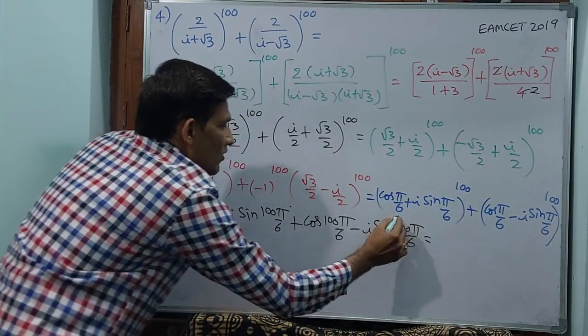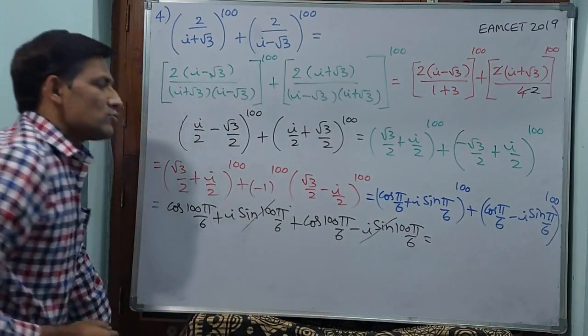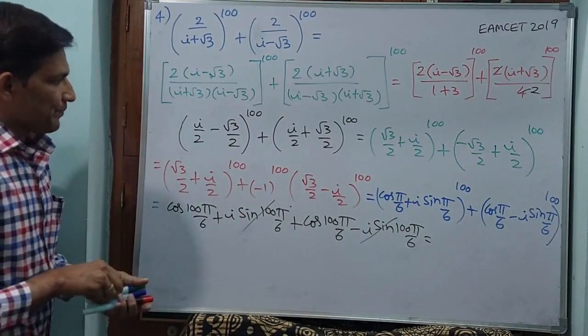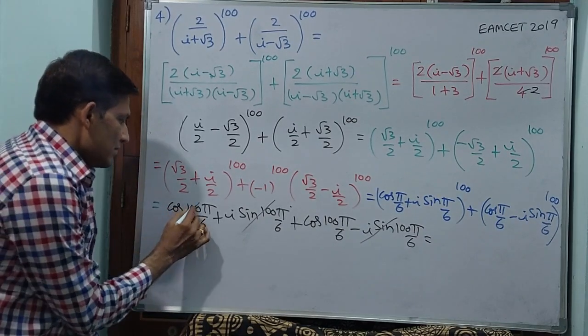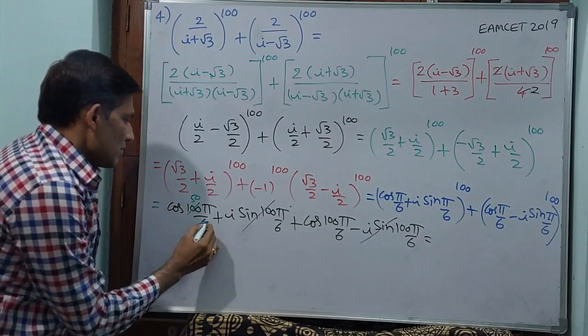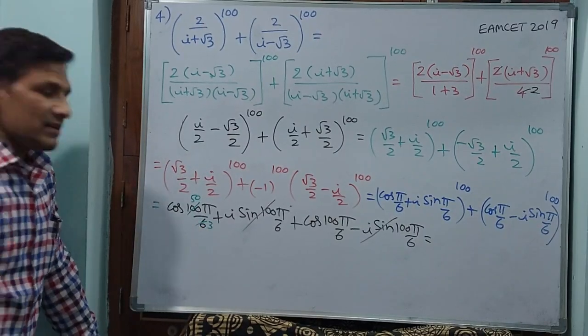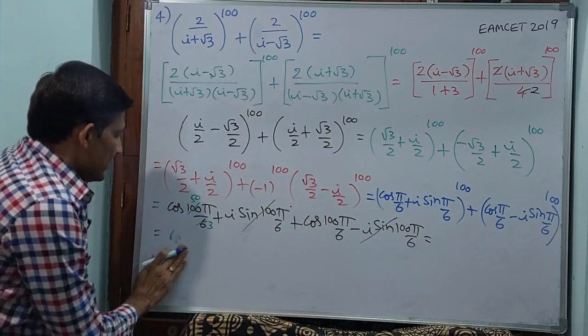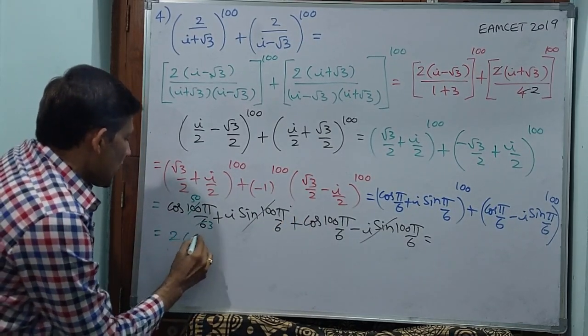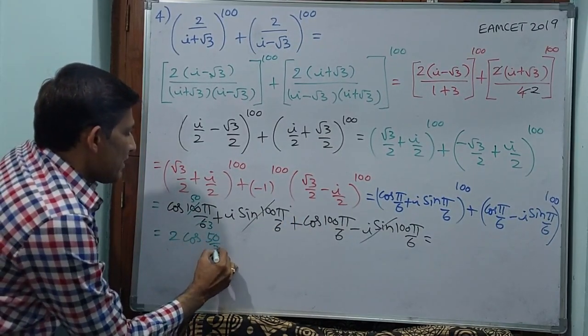Now the plus and minus i sin terms cancel out each other. Now you see 50 pi by 3. Write down, that is equal to 2 cos 50 pi by 3.